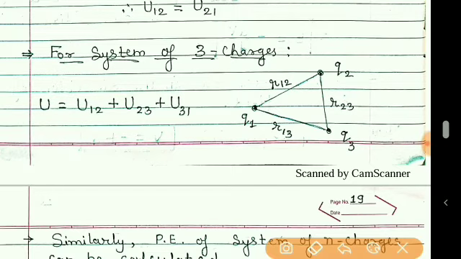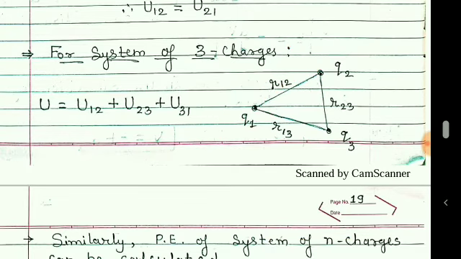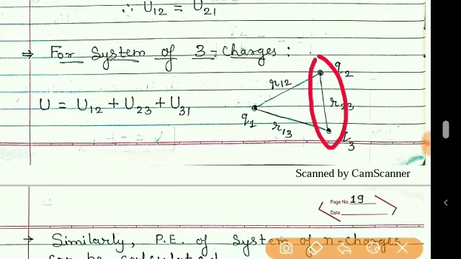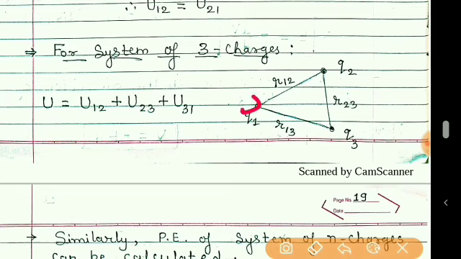One possible pair is Q1 and Q2, and for this system of two charges we get the potential energy U12. Similarly, the other possible pair is Q2 and Q3, so for this system also we have potential energy U23, and the last possible pair is Q1 and Q3. For this system also we get the potential energy.